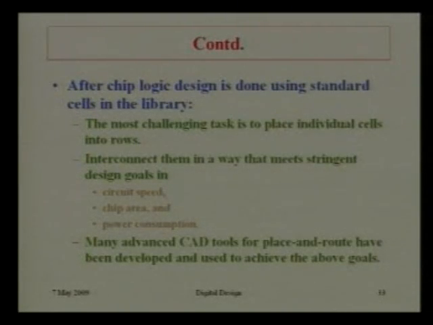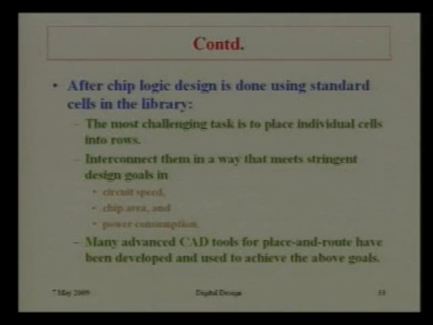After chip logic design is done using a standard cell library, the most challenging task is to place individual cells into rows. Remember the flow: the library has all the logic cells, and when you are synthesizing, they take the available cells from the library and make the design.